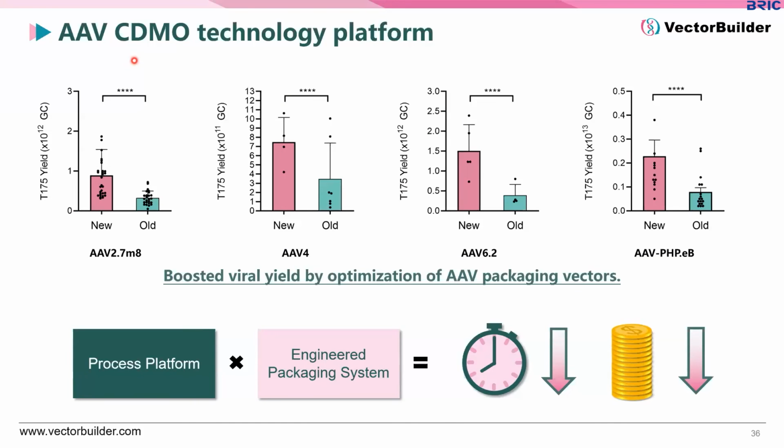We have successfully boosted the virus yield on a lot of the low-yield vectors such as 2.7M8 and AAV 6.2. This can actually meet the requirement so that scaling up the process and everything will be a lot easier.